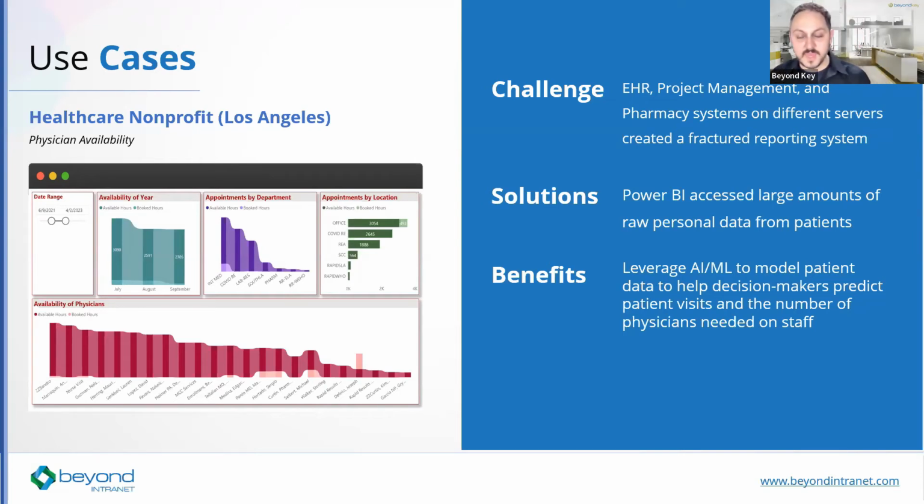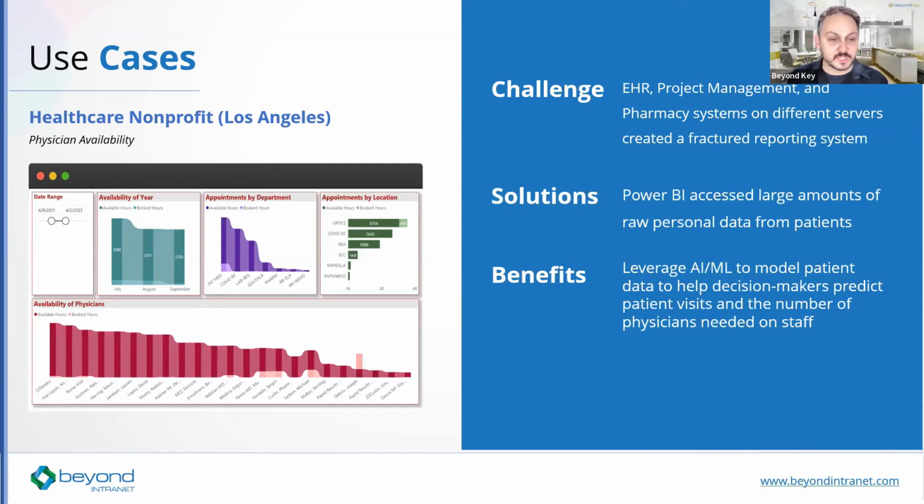So what we did was we accessed Power BI and we took all this raw data from patients and all the information from the physicians, and we started to leverage AI and machine learning to model patient data. And what that did was it helped the decision makers at the nonprofit predict when the patients were visiting the organization and which locations, and then how many physicians were needed on staff to ensure that you had the optimal number of patients to physicians, and making sure that you weren't wasting time for physicians as well.